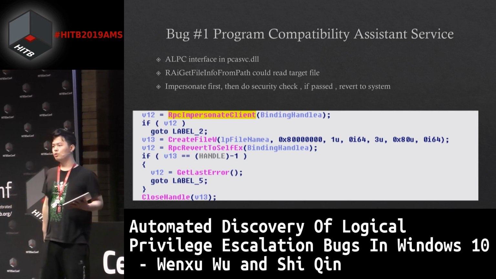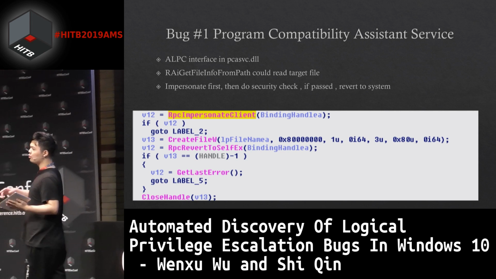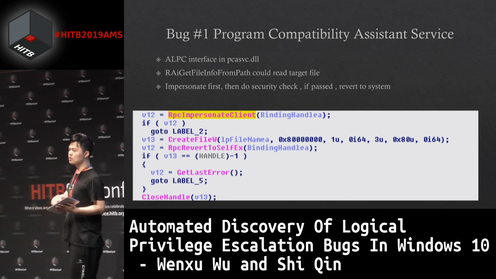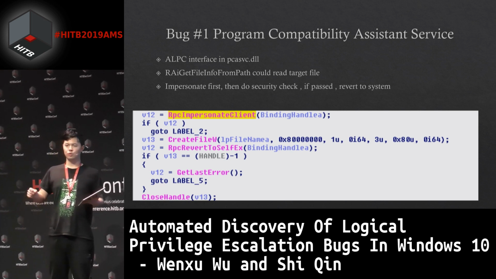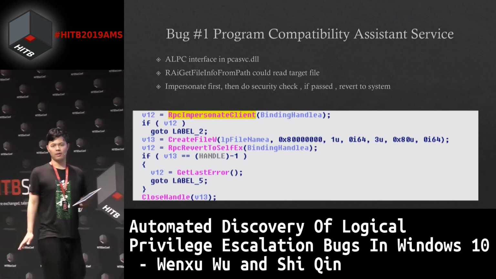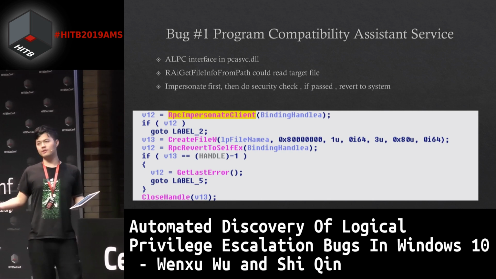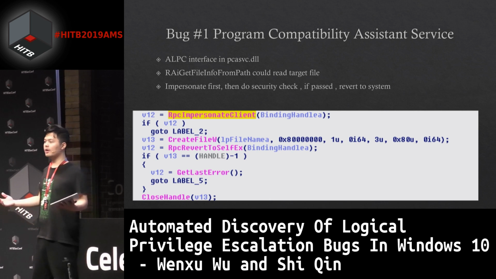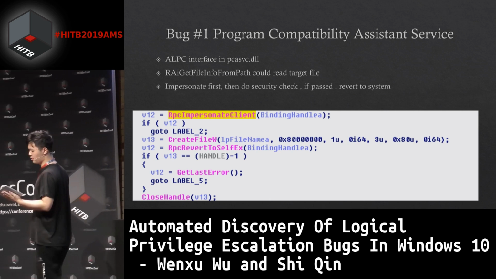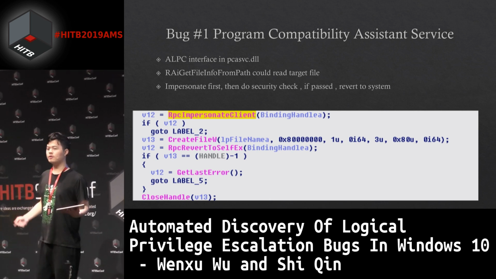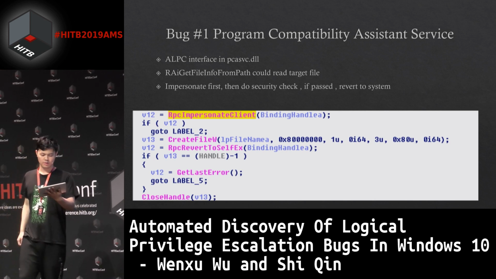It first uses impersonation to get the current user's token, and then uses the CreateFile function to try to open a file. The developer thinks if the current user is successful in opening the file, then he must have the privileges. Then he just reverts to system privileges.